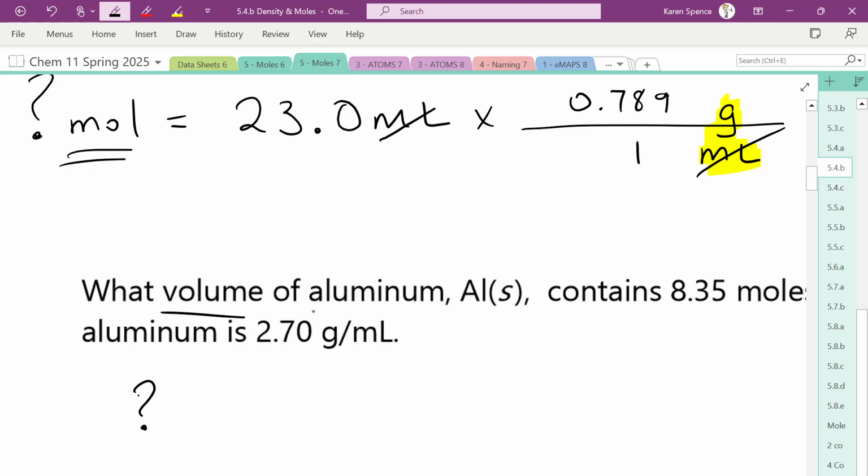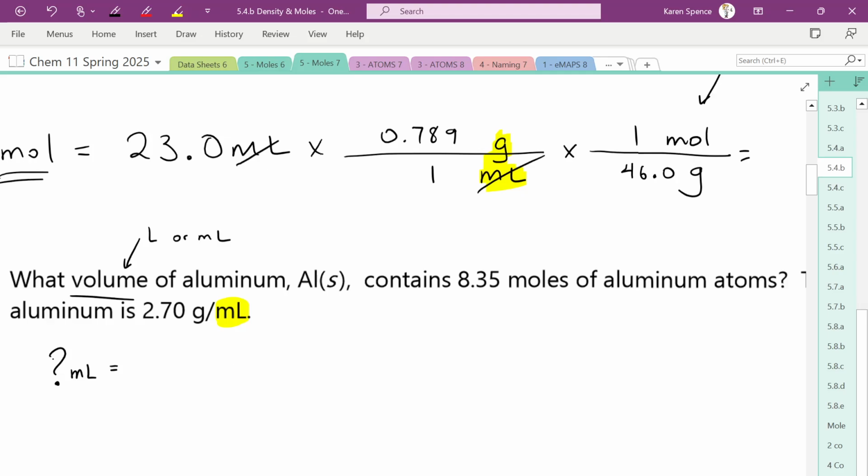Now, if I want volume, what unit would I be working in? Either liters or milliliters, depending on which one is easier. Because if it doesn't specify, I should just go with whatever's easier. Okay? How many liters or milliliters? We'll decide on that. I'm guessing I would like to use milliliters because my density is given in milliliters.